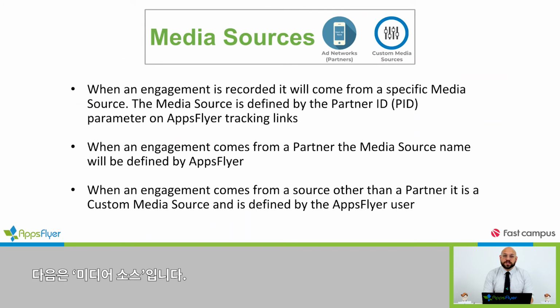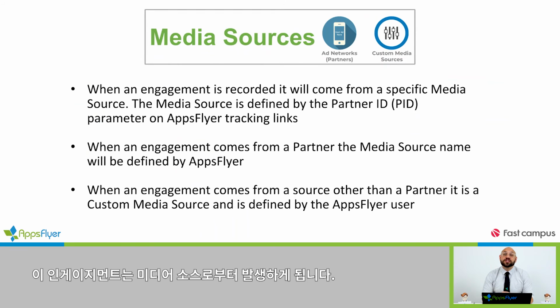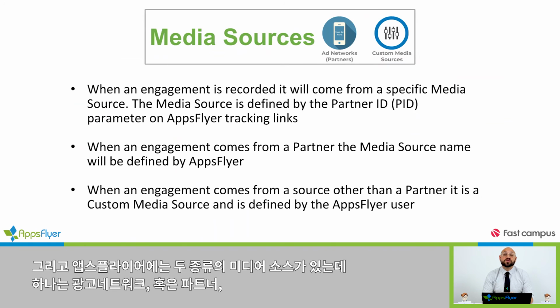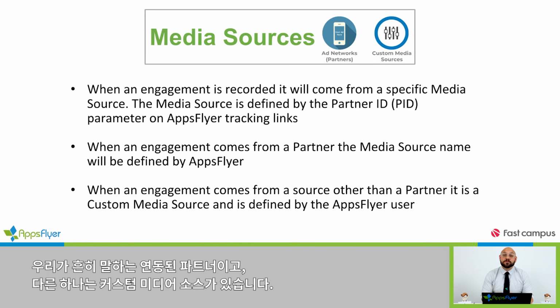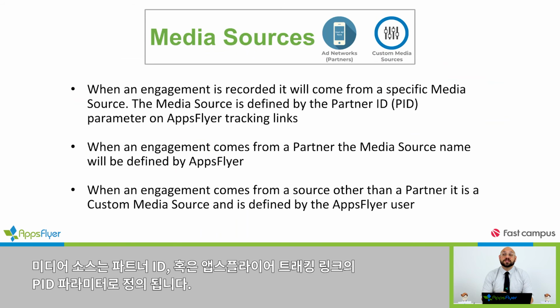Next, we have media sources. Now, a non-organic install means that we can attribute an install to a specific engagement. Now, engagements must come from media sources. In AppsFlyer, there's two kinds of media sources. There's the ad network, partners, or as we sometimes call them, integrated partners, and custom media sources. Now, when an engagement is recorded, it'll come from a specific media source. The media source is defined by what's called a partner ID or PID parameter on the AppsFlyer tracking link.